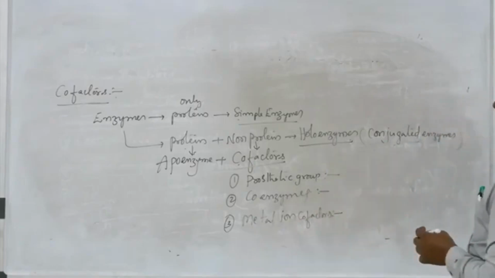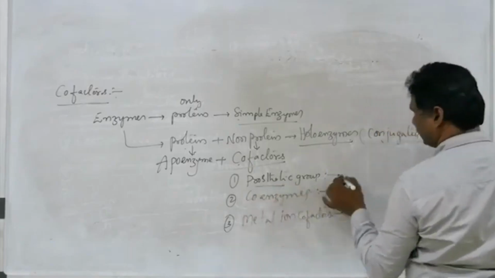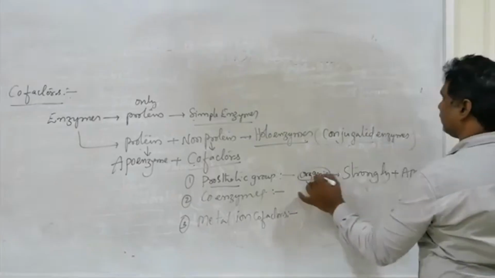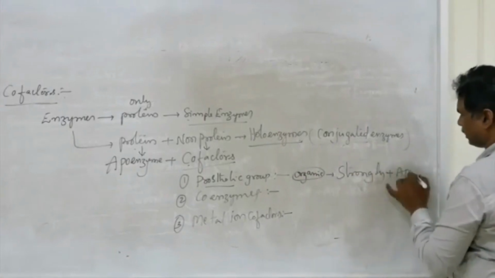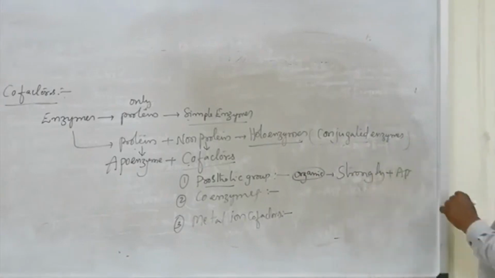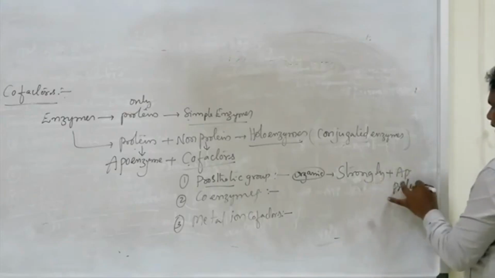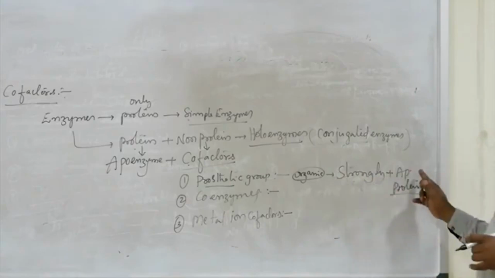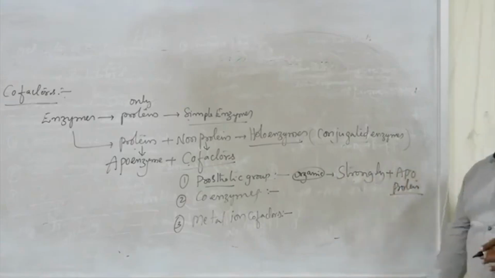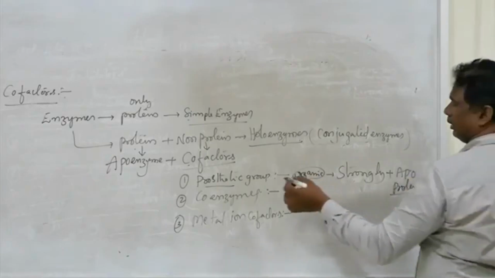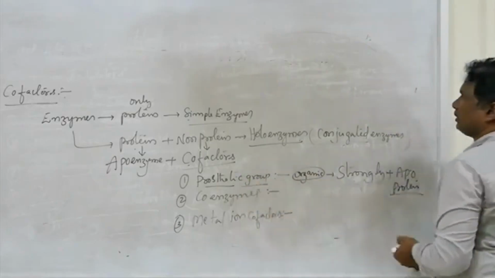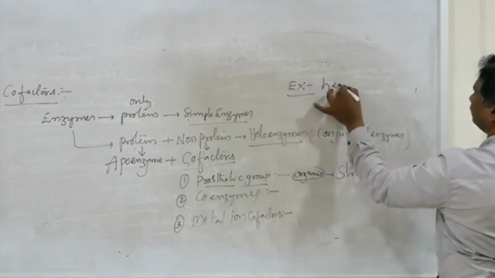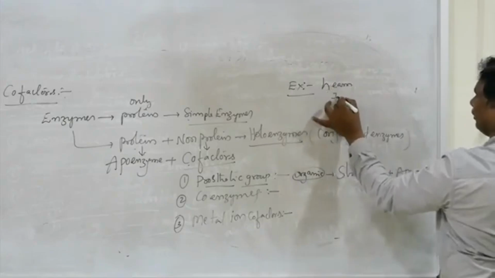So the first one is the prosthetic group. Prosthetic group is one of the organic compounds. Those organic compounds are strongly attached with apoenzyme or the protein part of the enzyme. Those are simply called prosthetic group. One example of a prosthetic group is heme. Heme means iron.